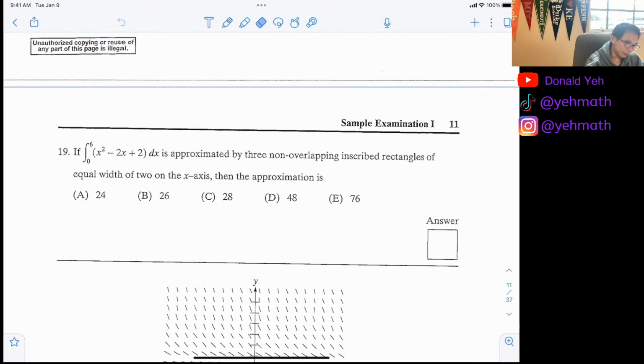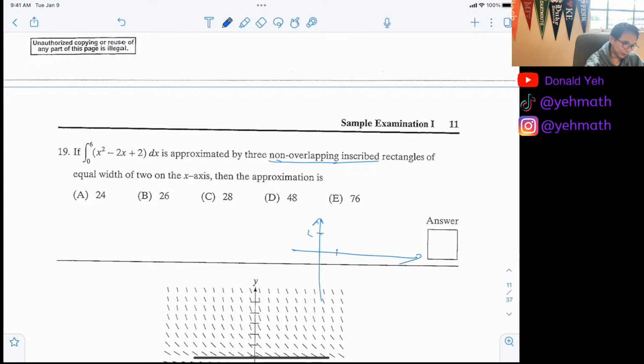So they say it's 3 non-overlapping inscribed rectangles of equal width of 2 on the x-axis. Then what is the approximation? This one is not really right end or left end. First of all, I want to figure out what f(0) is. So f(0) is 2.